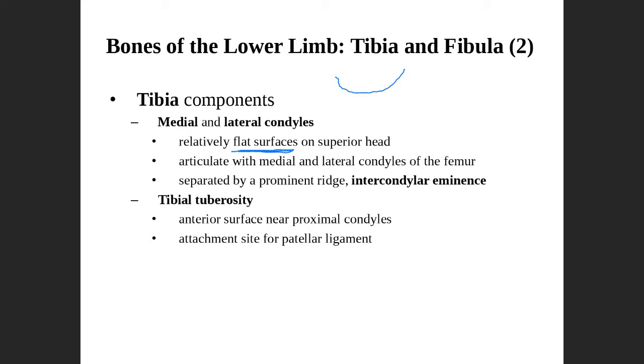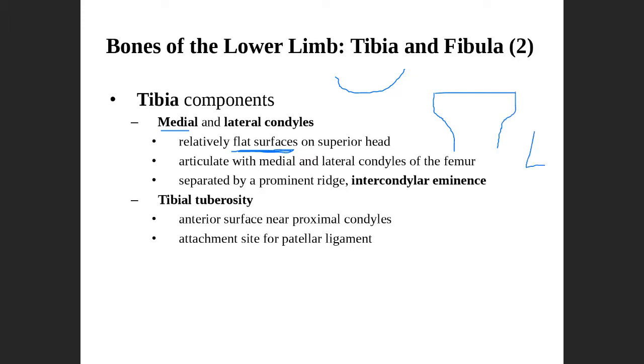But on the tibia, on those flat surfaces, on the medial portion of the tibia, we call that the medial condyle. And then in the lateral portion, because the top of the tibia looks like this, they call it the tibial plateau. And then the tibia tapers down.